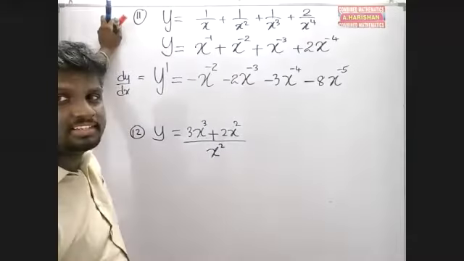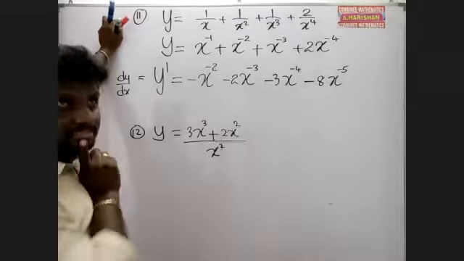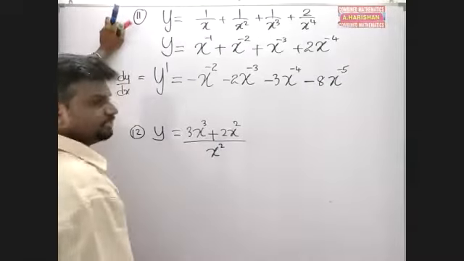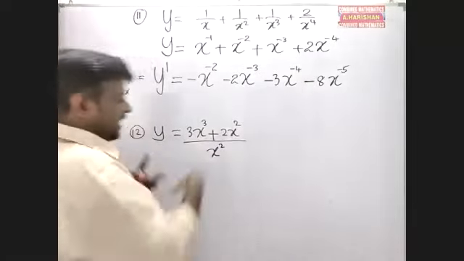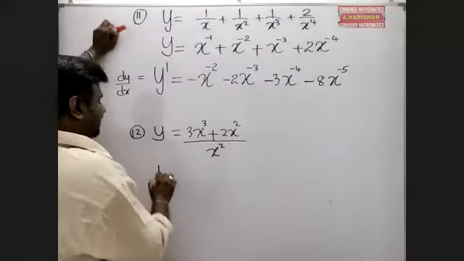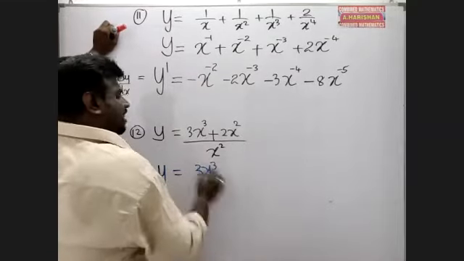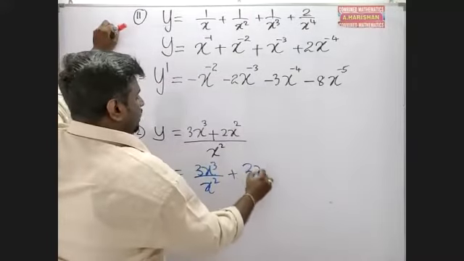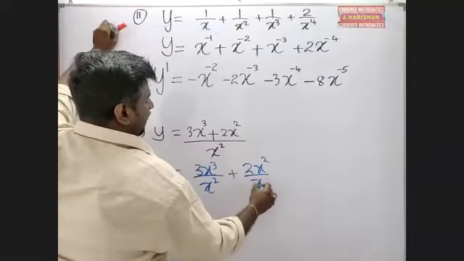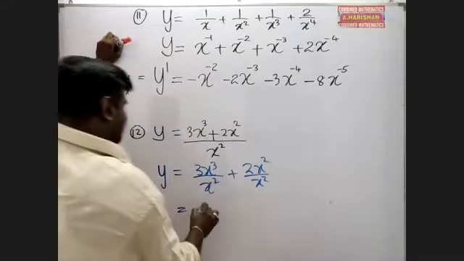So how to do this? Individually, you have to divide like this. 3x cubed over x squared, and 2x squared over x squared. This is 3x.